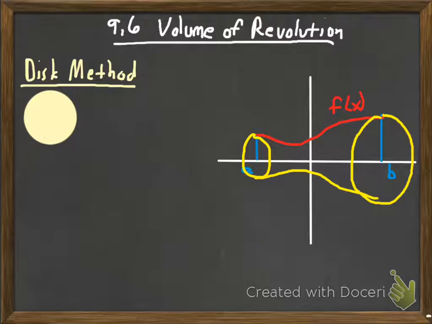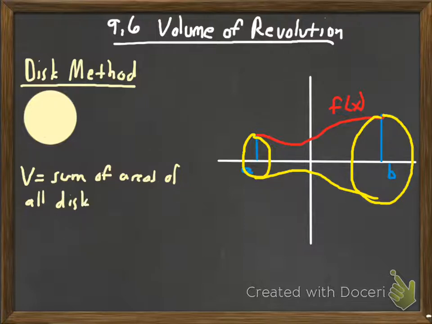There's a disk. And the concept here is that the volume of the solid would equal the sum of the areas of all the disks from when x equals a until x is equal to b.